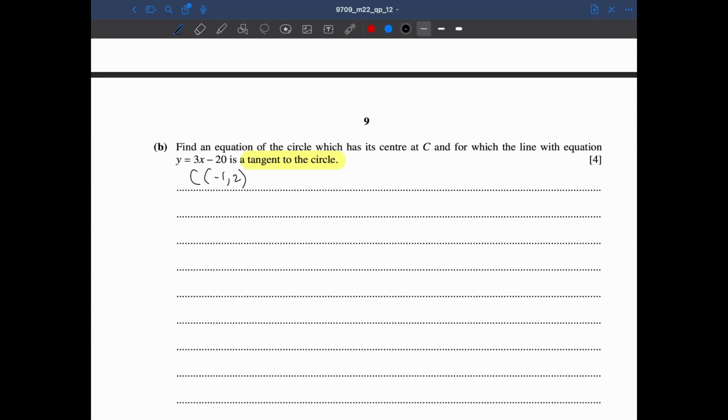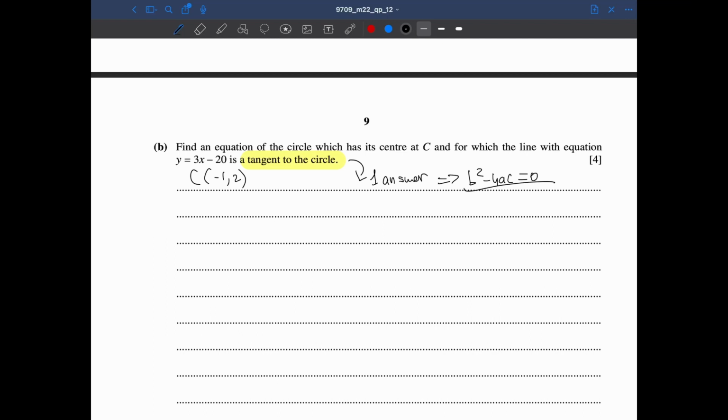Tangent means one answer when we equate, which is when the discriminant is 0. So we need to equate the discriminant to 0, basically.